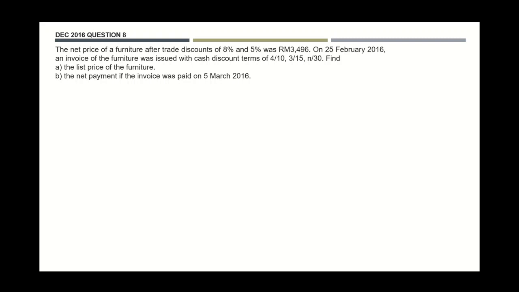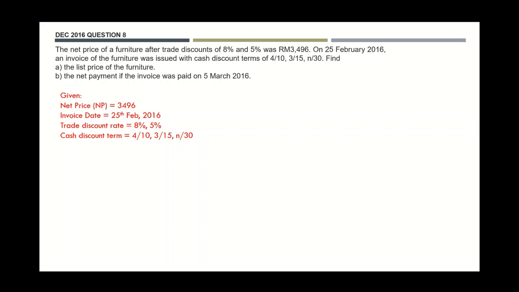Okay, but this question is a bit different because they didn't ask you for the net price, they asked you for the list price. Previously, in most of the questions, they give you the list price and you find the net price, but this is the reverse process of that. So first of all, you need to identify the given information. In this case, the given information is not the list price, but the net price, because it says the net price of a furniture.